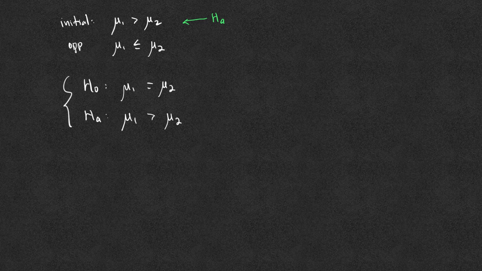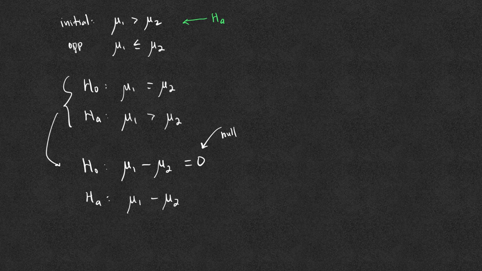In some cases, we want to rewrite this as the null hypothesis mu1 minus mu2 equals 0, so we can see that the null value is 0. In this form, the alternative hypothesis is mu1 minus mu2 greater than 0, where we simply rearrange these inequalities.